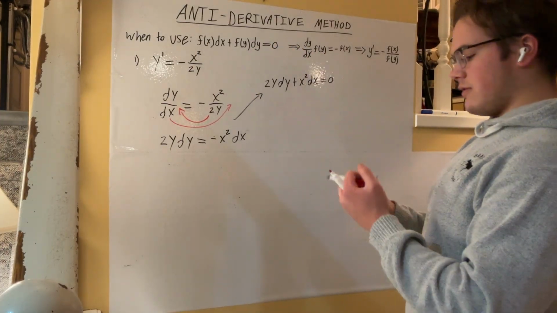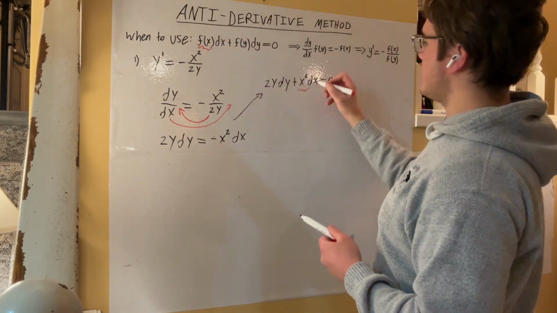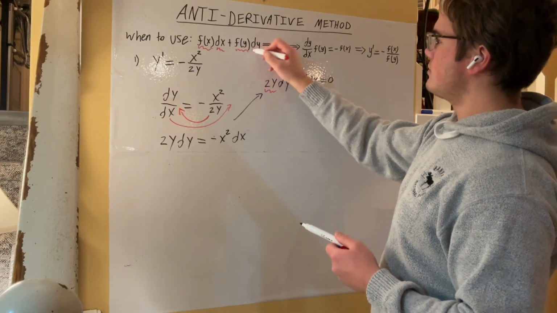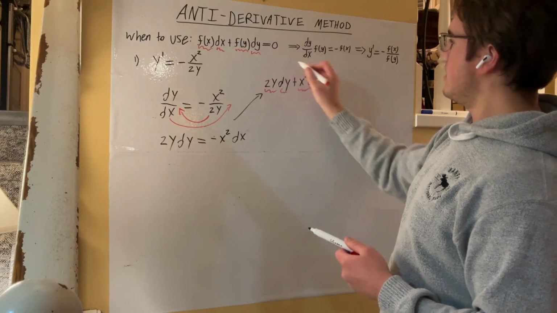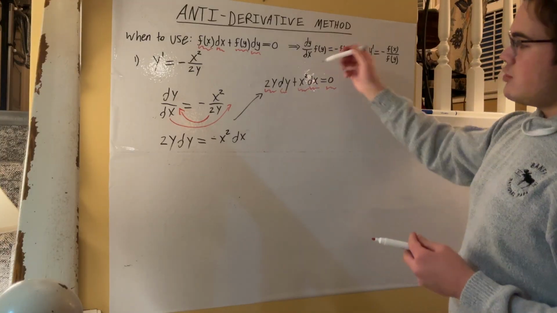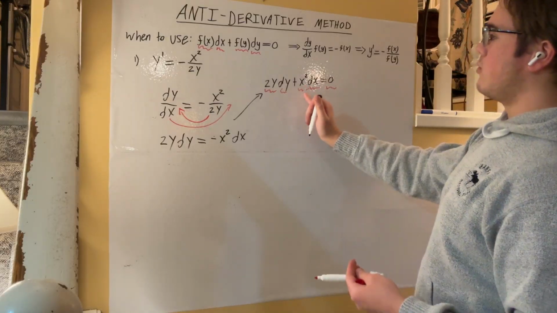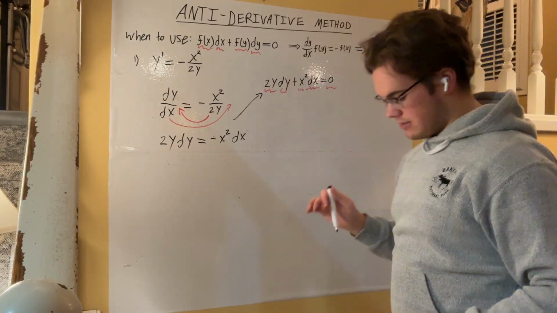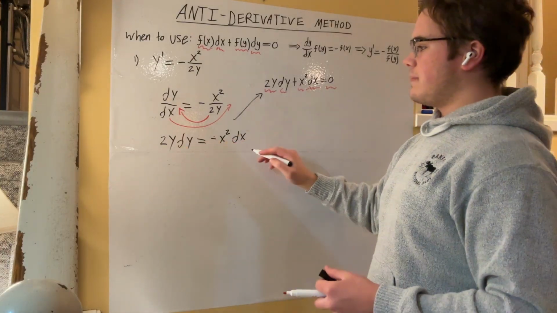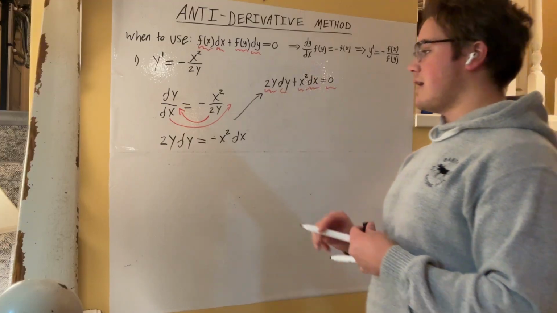We have a function of x with the dx and a function of y with a dy, and the whole thing's equal to 0. So we're good. If you do get to this point, or if the question is given to you at this point, just make sure you subtract one of the terms over to the other side, and then we will end up with this form here. The next thing we're going to do is simply integrate both sides.